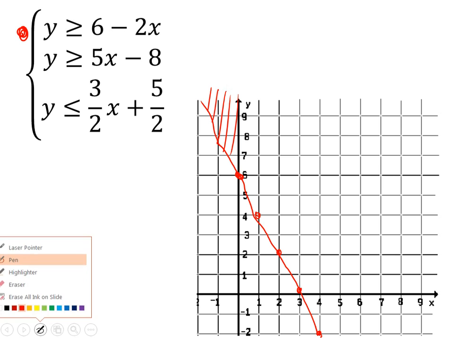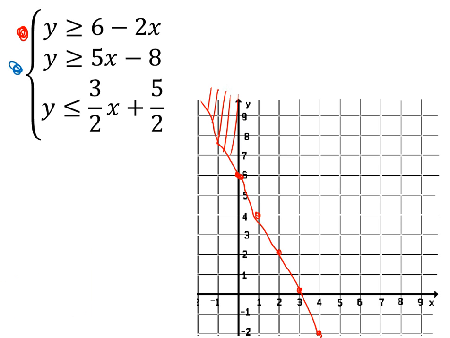The next one I'm going to do in blue. So I start at -8, and go up 5 over 1.